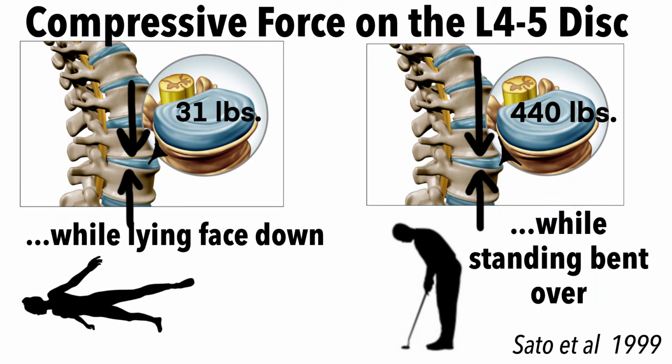It is possible to measure the total compressive force acting at any level in the spine by inserting a pressure-sensitive needle into an intervertebral disc. In a healthy subject, the total compressive force on the L4 to L5 disc varies from 31 pounds while lying face down to more than 440 pounds or 2,000 newtons in the stooped standing position.